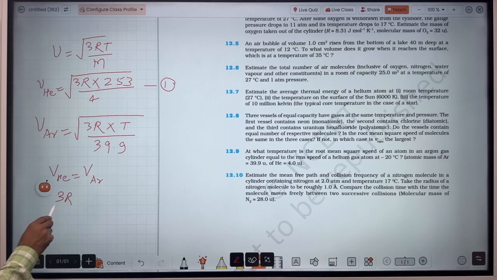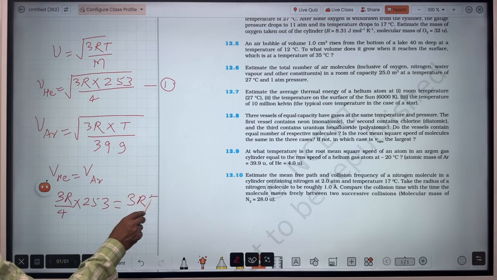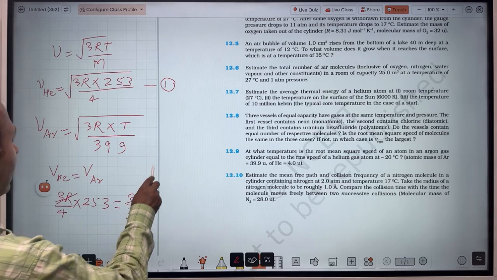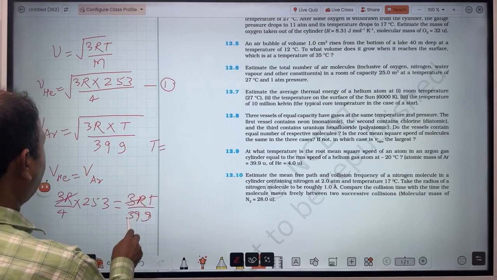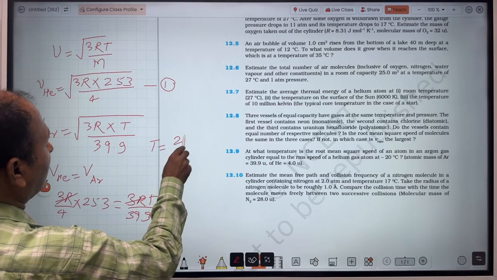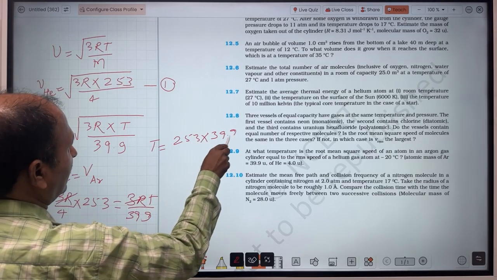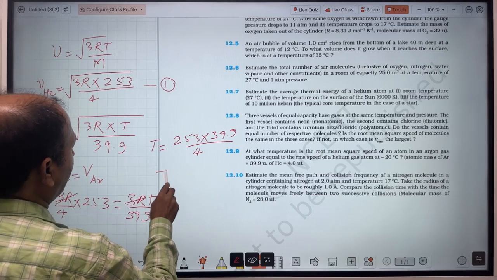So 3R divided by 4 times 253 must be equal to 3RT divided by 39.9. 3R will cancel out and then we will be left with T equal to 253 multiplied by 39.9 divided by 4.